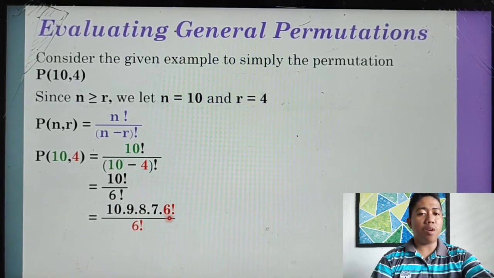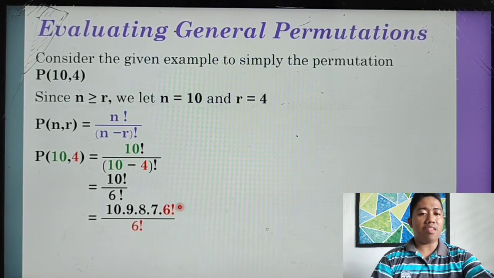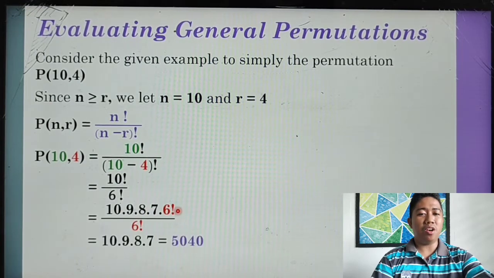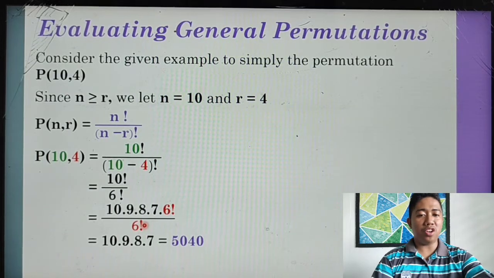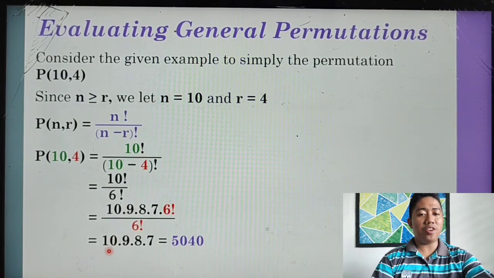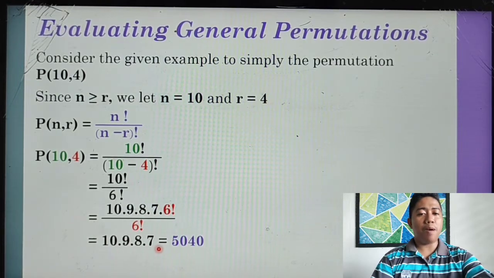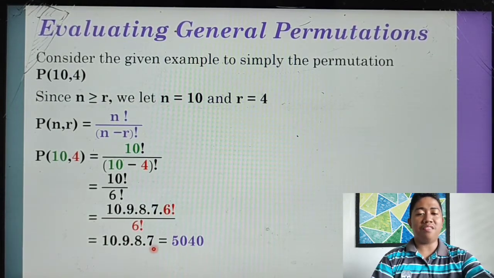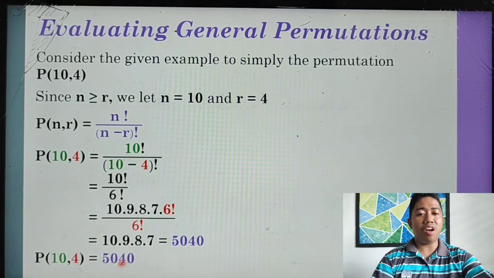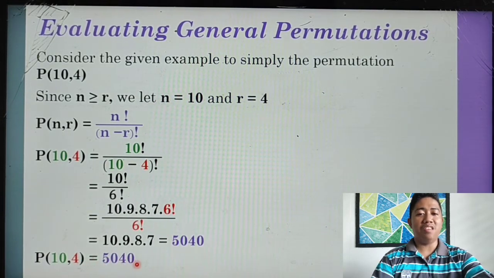The reason we expand until 6 factorial is that it is easier to cancel out the 6 factorial in both the numerator and the denominator. So we cancel out 6 factorial in both portions of the fraction. We have the remaining factors, 10 times 9 times 8 times 7, which results in a product of 5040. That is the value of the permutation of 10 taken 4 at a time, which is 5040.